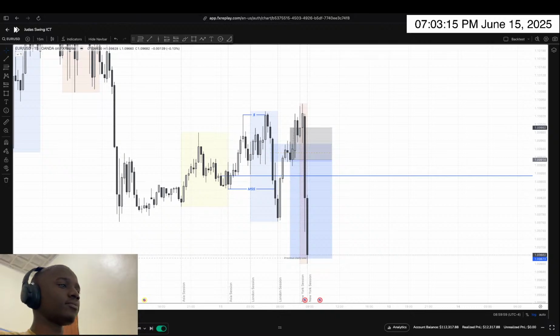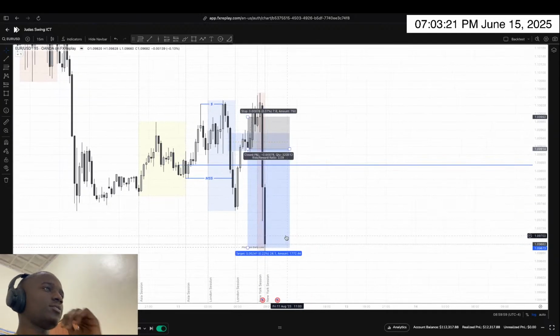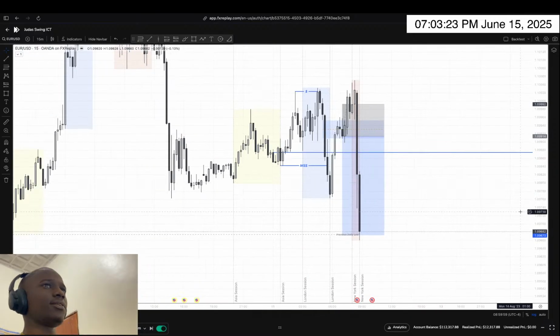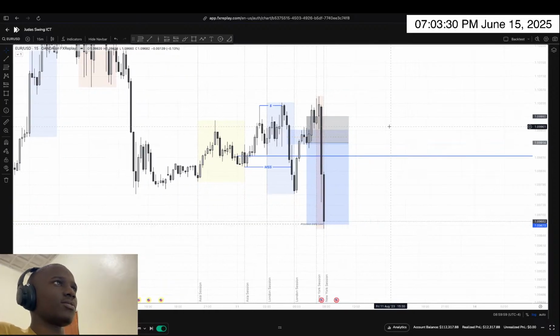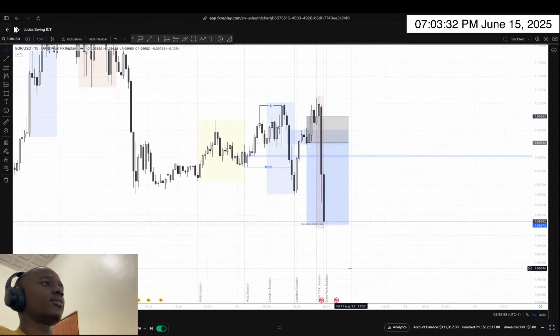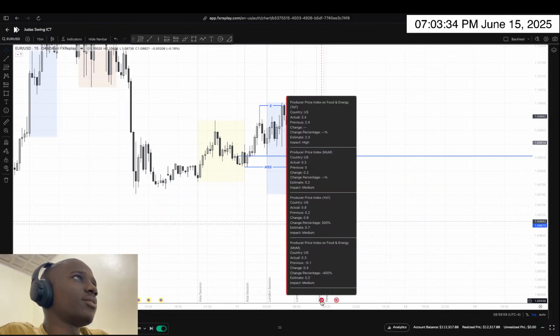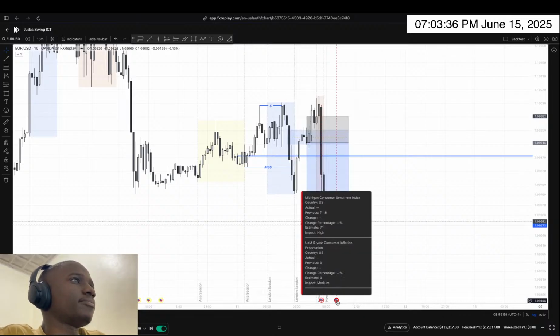Okay, after taking out this previous day low, you can now have confirmation that we might rebalance and then continue to the downside as the day goes on. So what news were these? PPI. Oh God.